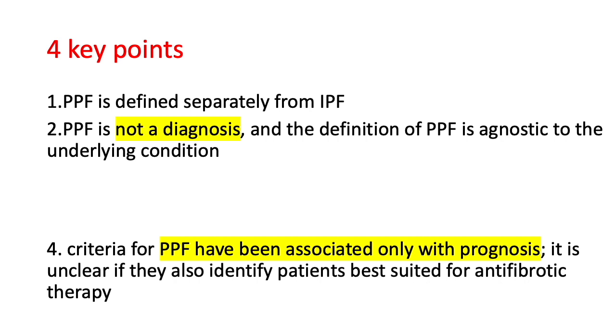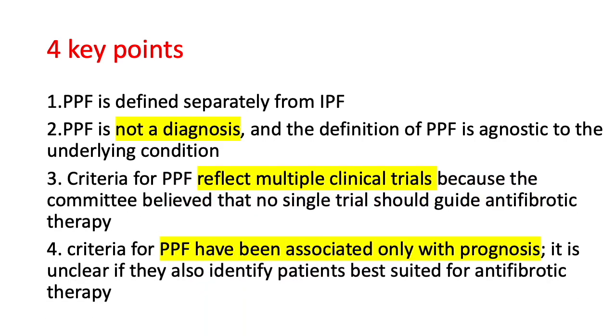And since we are talking only about the progression, this term PPF is different from the umbrella of PF-ILDs. So amongst the PF-ILDs, you may get progressively fibrosing disease, and so it's not a diagnosis. It just talks about the progression of this entity.